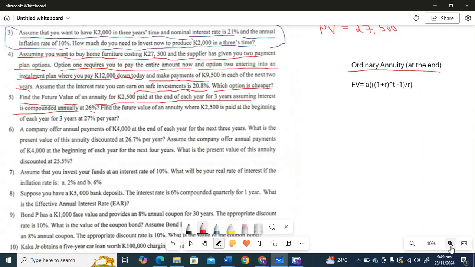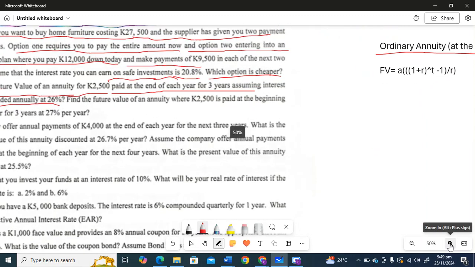So this is the formula to get the future value of an ordinary annuity. It's compounded annually, so n equals 1. Remember, this n, you're supposed to divide the rate by it and multiply the time by it.